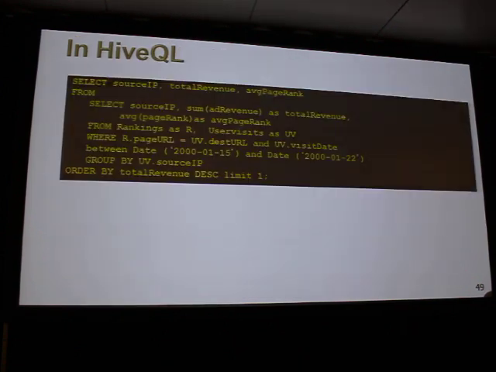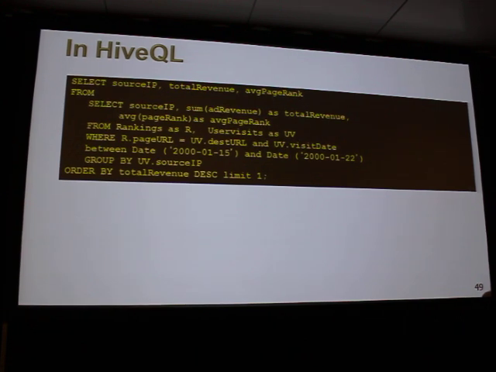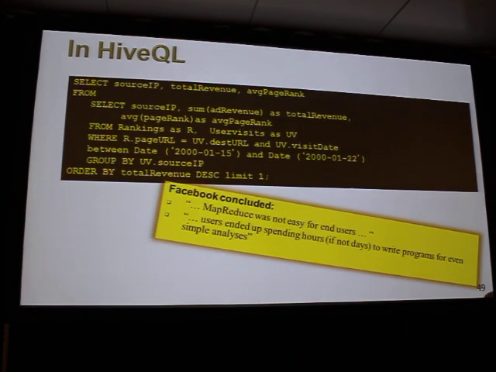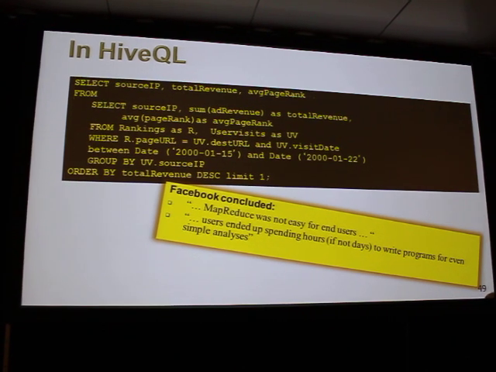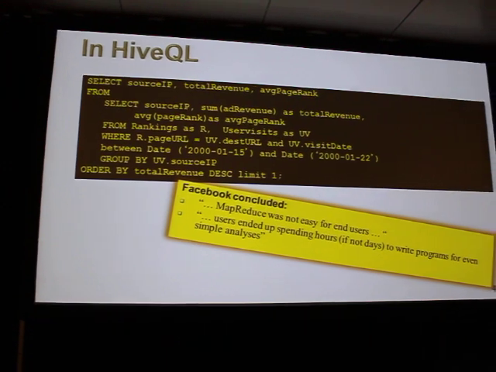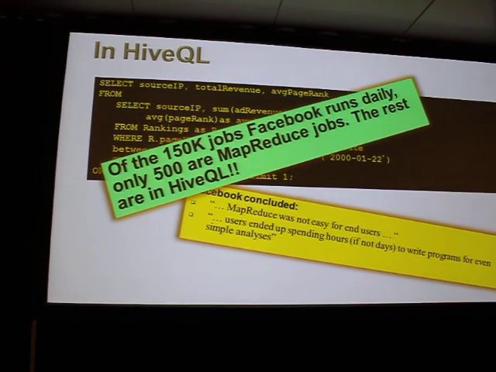So how do we do this in HiveQL? Well, in HiveQL, it looked like this. Select a column list: source IP, total revenue, average. We do a select from one source, the rankings, and then push this out and join this and create a revenue column. The Facebook guys actually figured this out: they could not use MapReduce.